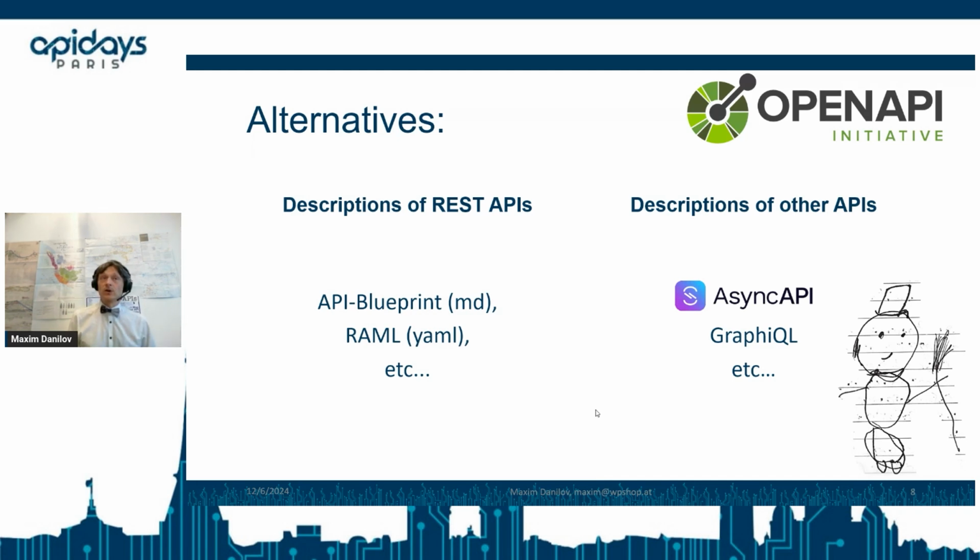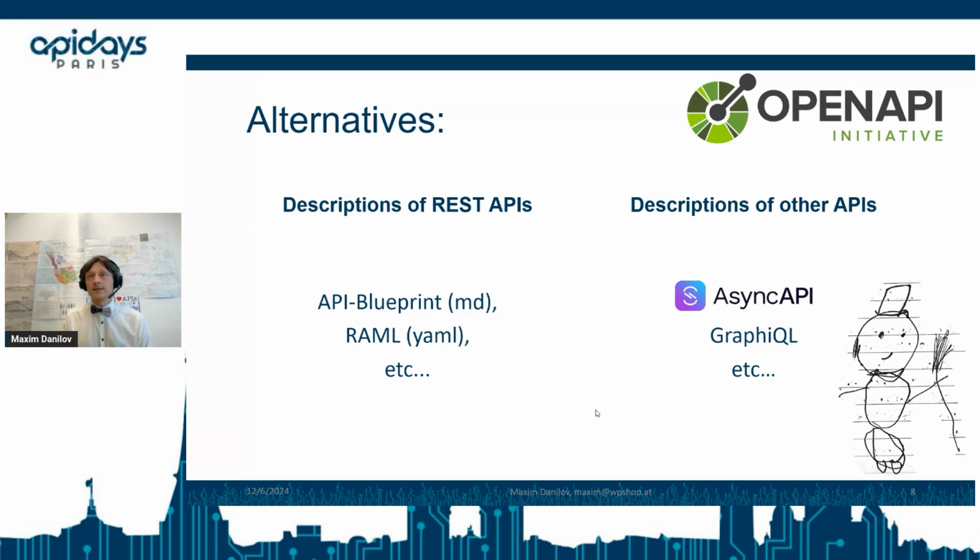Also, you can find RAML. RAML is a standard that seems like the OpenAPI spec in YAML, but they have some differences of their own. And of course, I understand there are more alternatives for describing my REST APIs.